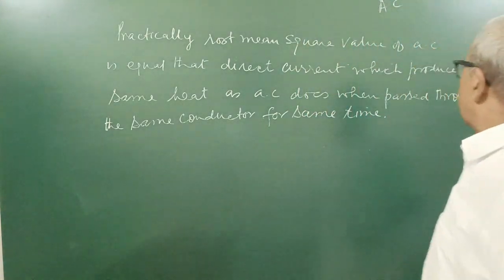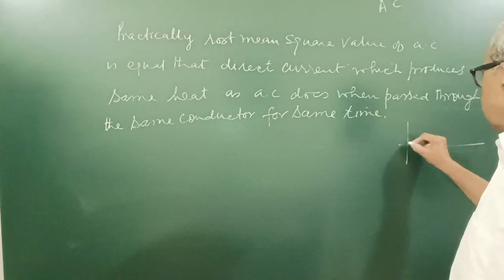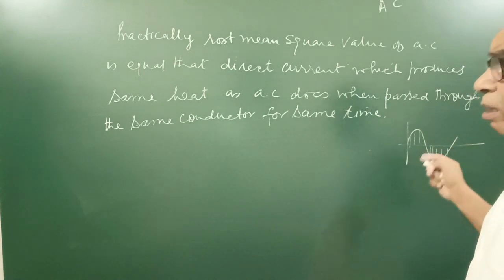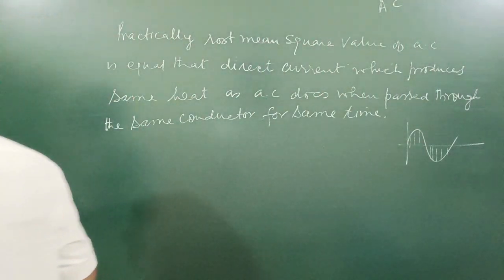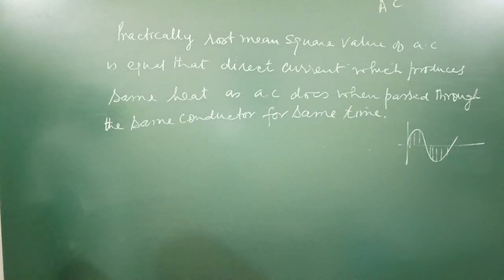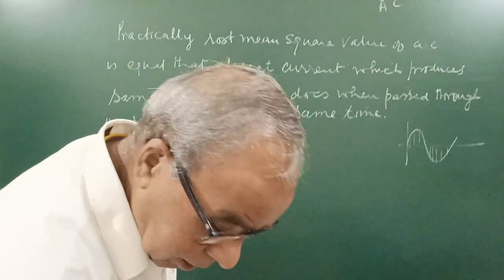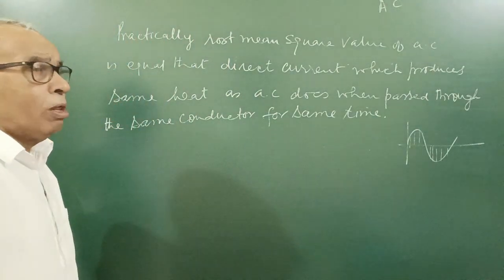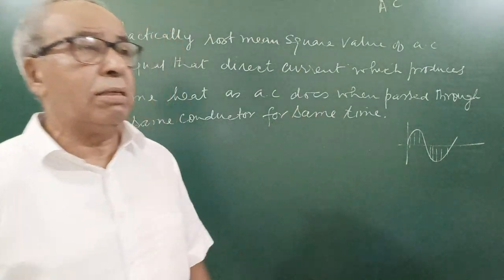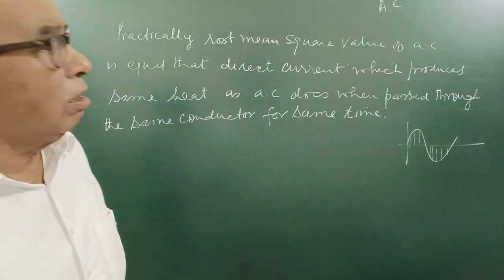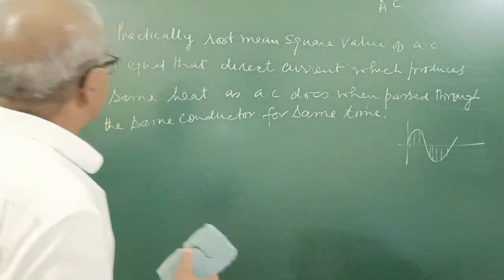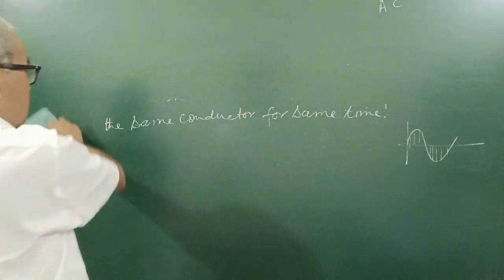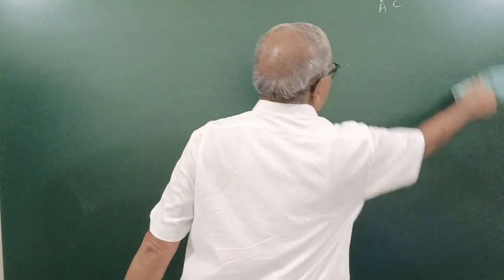Because this current keeps on changing periodically with time, which value is measured? That is not fixed, so we measure the root mean square value, and that is numerically equal to that direct current which can produce the same heat as AC does. It is easy for us to measure DC. So when we measure AC, we measure in terms of DC, and you will learn in higher classes that AC is measured by converting it to DC.